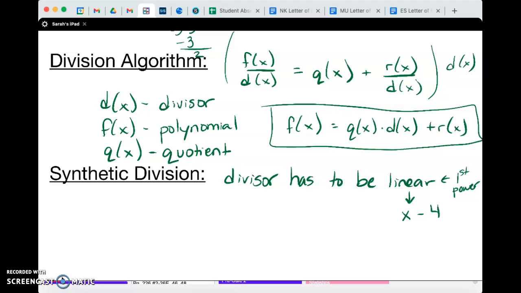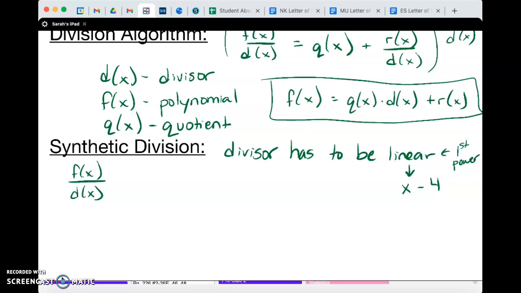I'm trying to decide how I want to say this. So synthetic division sets up like this if I have f of x divided by d of x. We have the constant of d of x right here in that little L-shaped box.